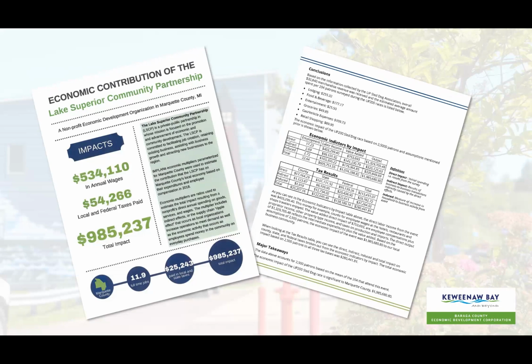And then it'll break it down to show you what specific industries are being affected. So, for example, if you have an event, it's going to show you how much money from your event is generating money into a restaurant industry or the hotel industry. It just depends on what information you provide to us.